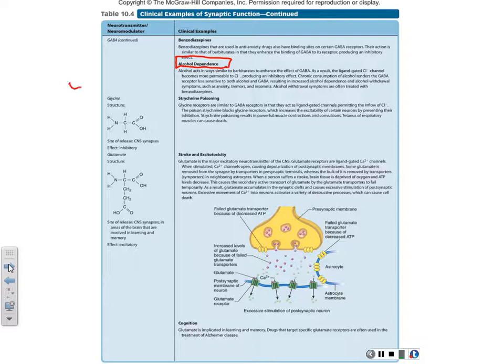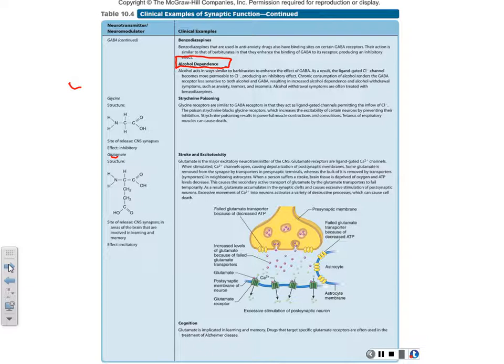There's strychnine poisoning and so forth. It causes your muscles to stay contracted. Some of these you can read for interest's sake, just to get an appreciation of them. Glutamate is another one that's involved in the brain, and it's excitatory. It's involved in stroke and things like that, when your brain doesn't have enough oxygen and it tries to revive the brain.